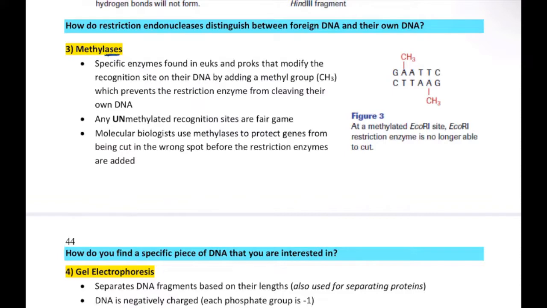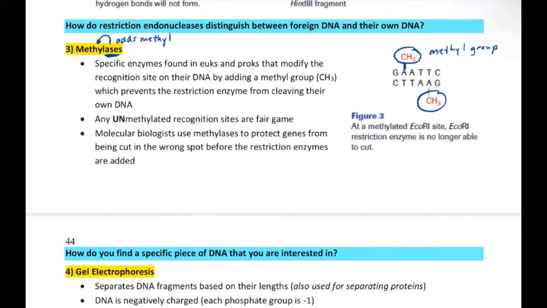Methylase is the enzyme that will add a methyl group, and it adds that methyl group to the recognition site on its own strand of DNA. So you can see that we've got the CH3 here that's been added to the recognition site. That is called a methyl group. You see them on both strands.